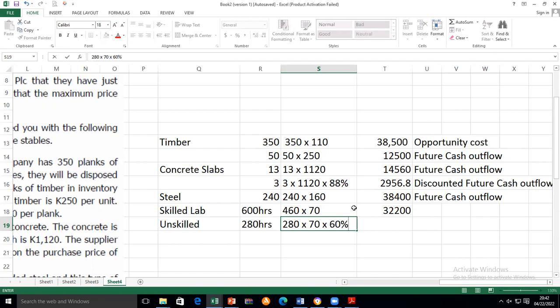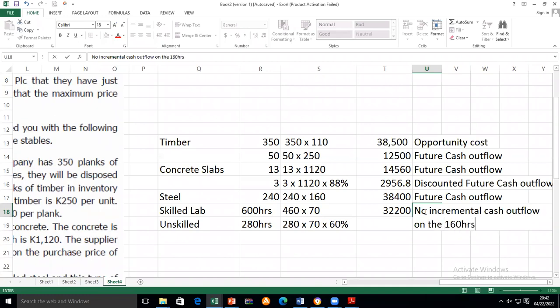So those 140 hours, there's no incremental cash outflow on the 140 hours. Only the balance.